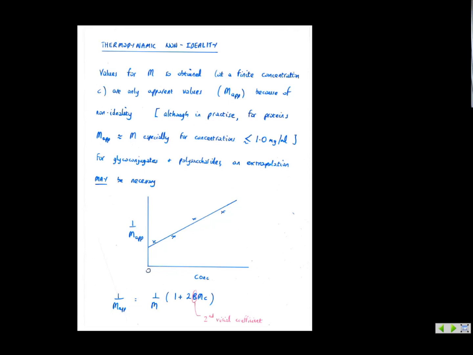Values for the molecular weight or molar mass so obtained at a finite concentration are only apparent values, which we note by this subscript A here, because of non-ideality, thermodynamic non-ideality, which we met in BIOS 4074 when we were talking about osmotic pressure, but it also applies to sedimentation equilibrium, light scattering, diffusion, and hydrodynamic non-ideality with viscosity.